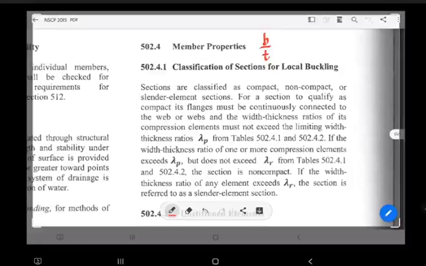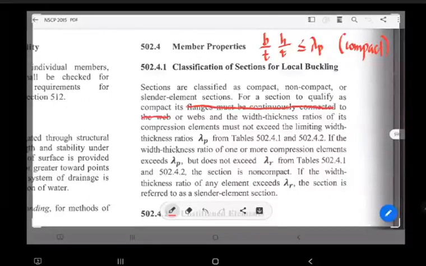It is compact if its flanges are continuously connected to the web throughout the full length of the member. Then we can say that it is compact. Madali lang naman yan ma-state. Or if b over t or h over t ratios should not exceed, it should be less than or equal to lambda p, then we can say that it is compact.